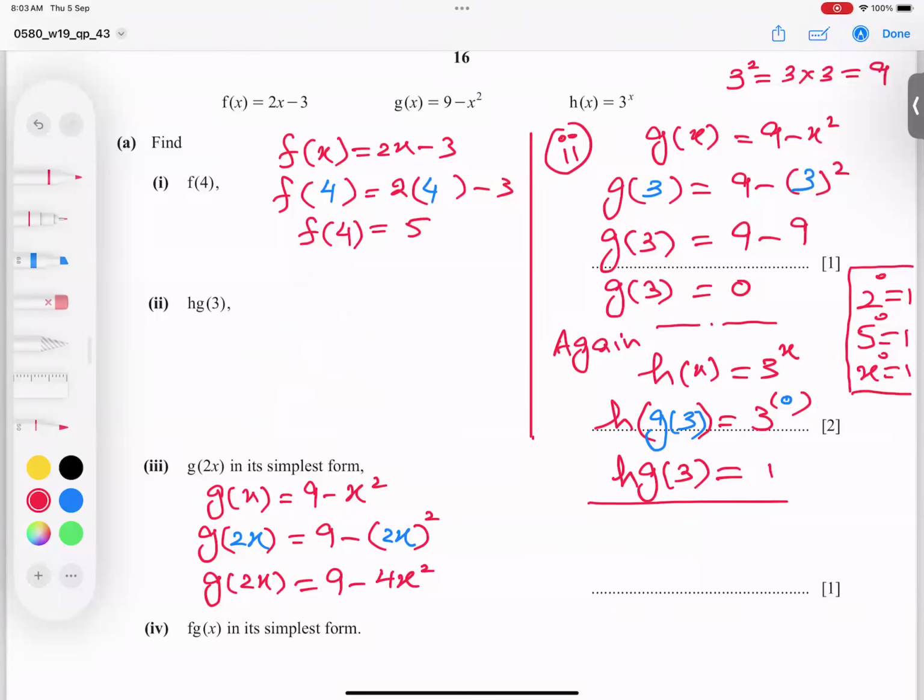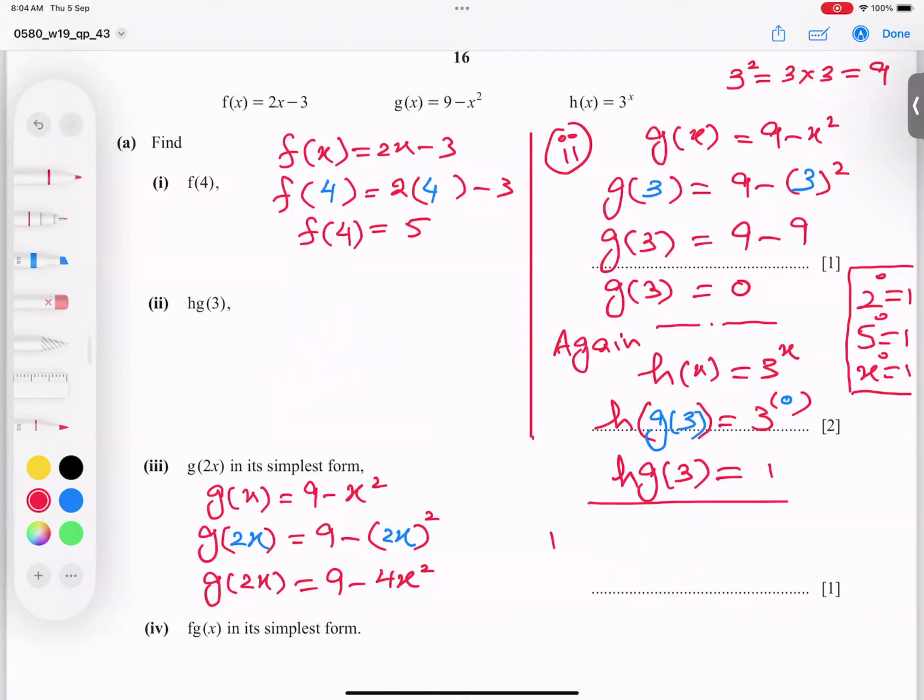Now, let's talk about the next one. What is this question? f of g of x. Plug in the g function in f, always from right to left. So I must copy the function of f first. So let's try to do this one here.